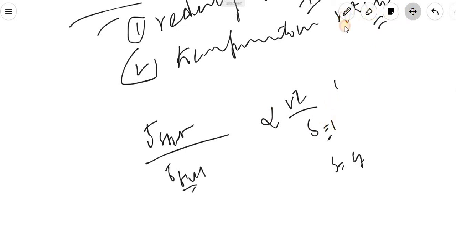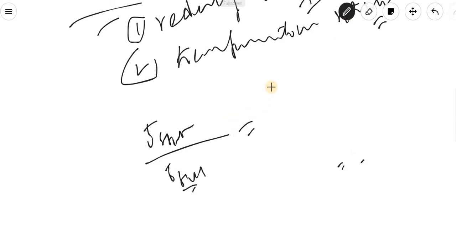For this expression, starting voltage square divided by SF into SF, the full load square. And full load means what? It's operating at rated voltage.